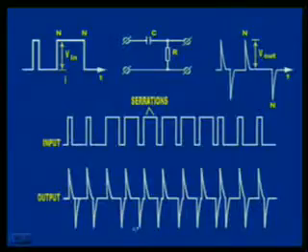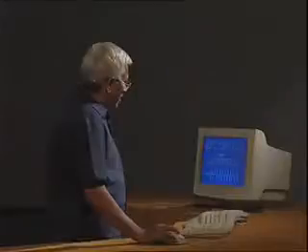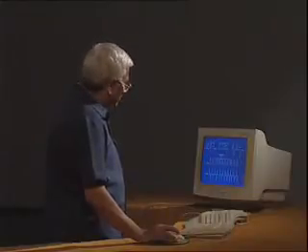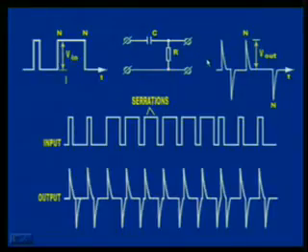How to differentiate? This is the circuit of a differentiator. It has a capacitance and a resistance, and a pulse which has one portion of short duration and another portion of longer duration enters the differentiator circuit, and the output pulse is of this shape.